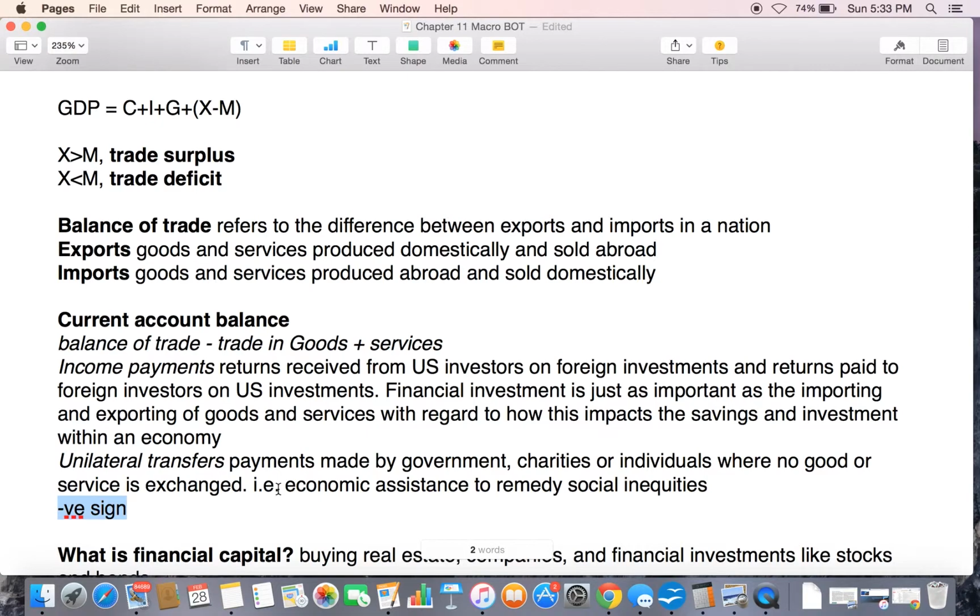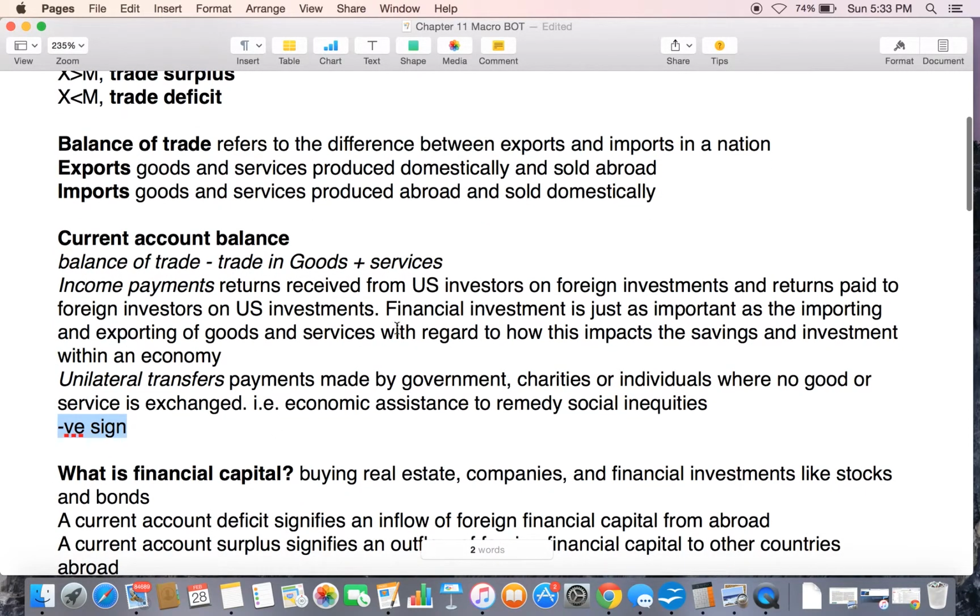So for example, if the Bill Gates Foundation is spending a lot of money on AIDS vaccinations in Africa, that would be considered a unilateral transfer out of the economy. It's going to be lost to domestic users, that potential capital or cash.